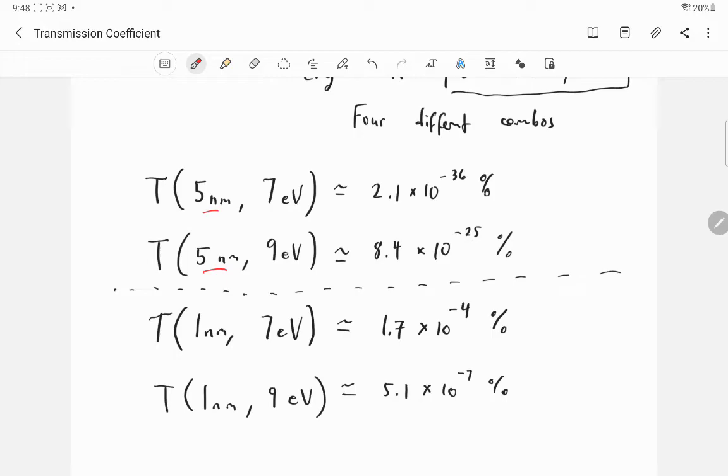But let's go and look at the really narrow barrier. 1 nanometer. And if you look at the narrow barrier, look at what happens. You're way more likely to transmit compared to the wide barrier. It's still true that changing the energy gives you a little bit less, wait, do I have that the right way around? 10 to the minus 4.